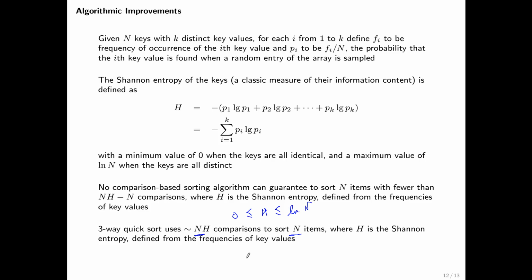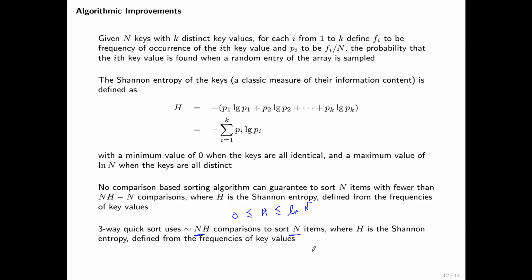So what we are saying here is that when your input array has lots of duplicates in it, then three-way quicksort works really well, and it gives you roughly linear time performance. Whereas if your input array has very few or no duplicates, then it reduces to the standard quicksort algorithm, and it becomes a linearithmic algorithm, an n log n algorithm.